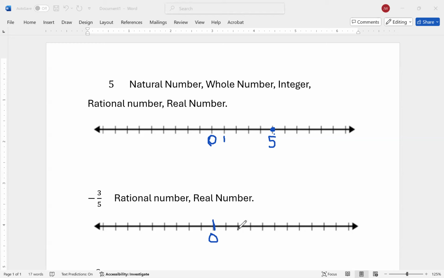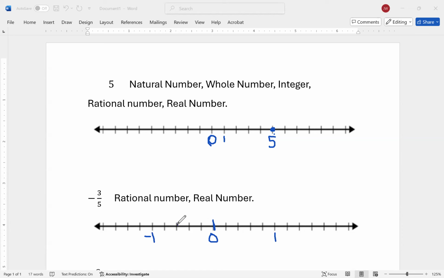Another way to go about that is assume that this is 1, so that each jump is actually a jump of 3/5, or excuse me, of 1/5. And then as we move to the left, 1, 2, 3, 4, 5, we'll assume that's -1. And then -3/5 is easy to see now.